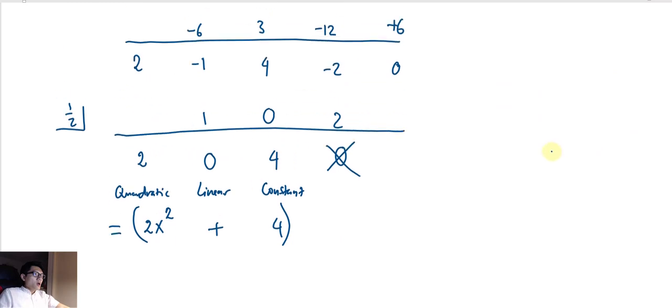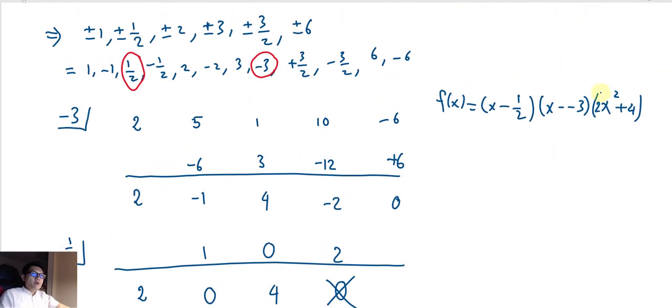Okay, and this is the factored form of the polynomial, and that should be equal to 0. So equal to 0.